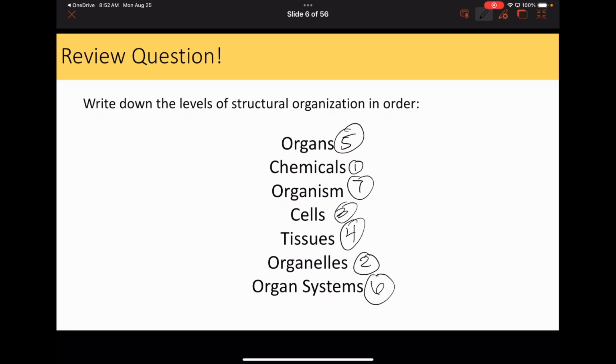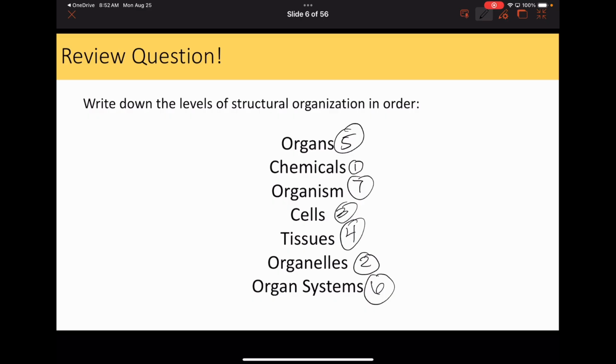So if I were to tell you that sickle cell anemia was caused by a mutation in the DNA that caused hemoglobin to be malformed, where does that disease originate from? Which level of structural organization would sickle cell anemia originate from? Not the cell.